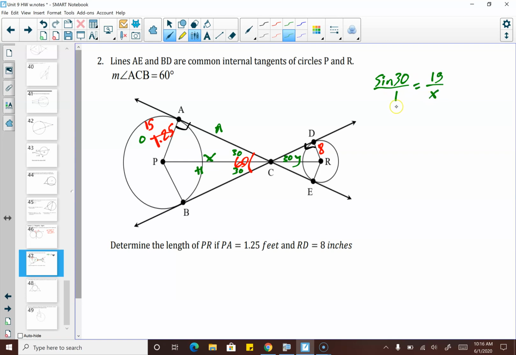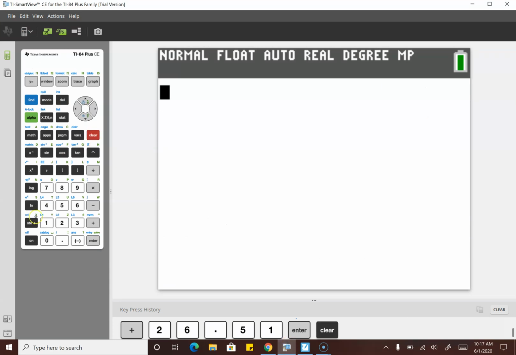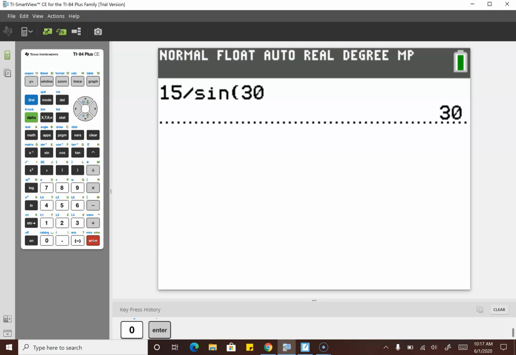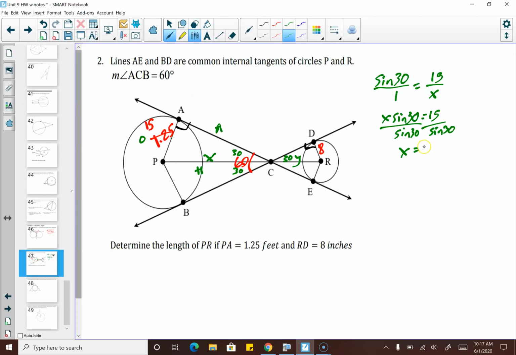All right, so we'll cross multiply now. I get x sine 30 equals 15. I will divide both sides by sine of 30. And I get that x is 15 divided by sine 30, which gives me 30. So that tells me the length of PC is 30.